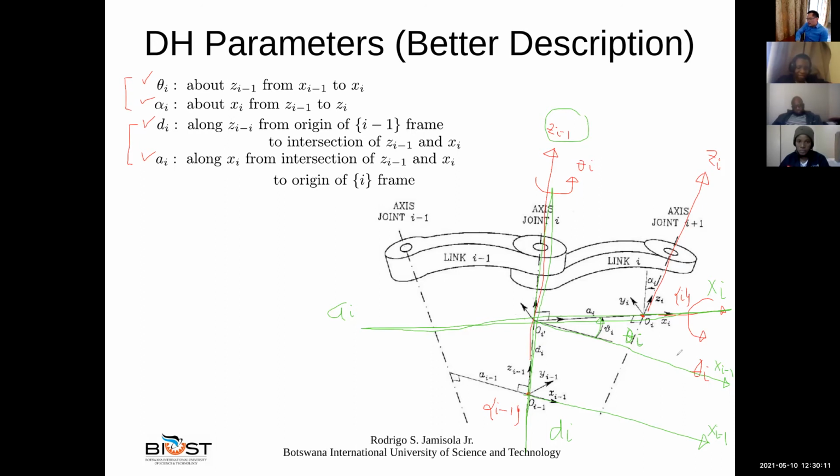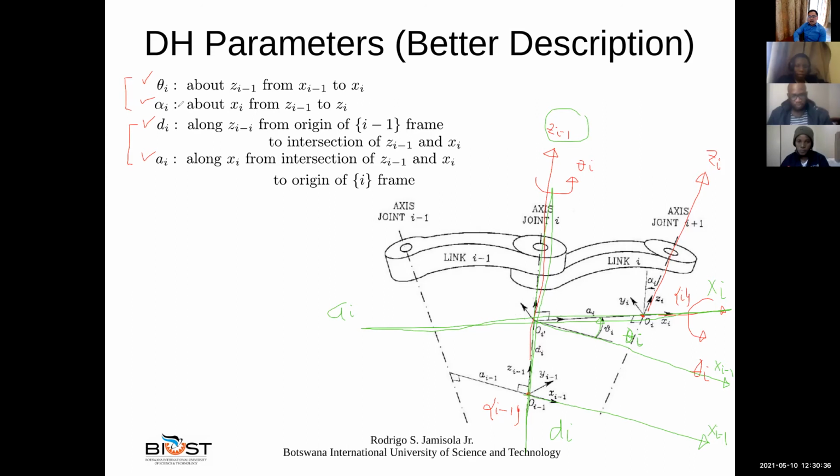So from xi minus 1, about zi minus 1, sweeping towards xi. So that is your theta i. Any questions? Okay, let's pause for a bit so that you can imagine that.